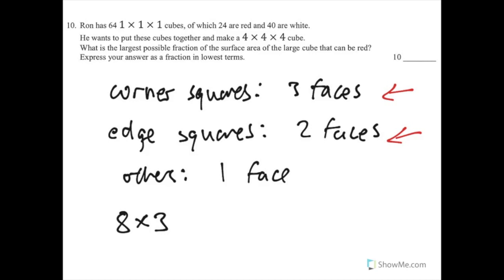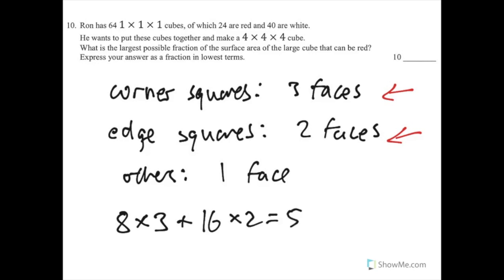Now, there are 16 red cubes left. And if you count the total number of edge squares on this cube, you see that there are way more than 16 edge squares. And so we can comfortably say that all remaining 16 red squares can be put on the edges.